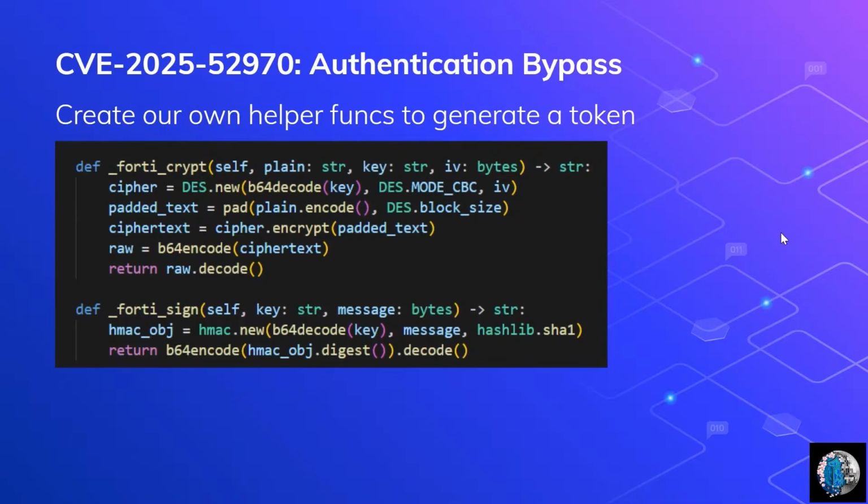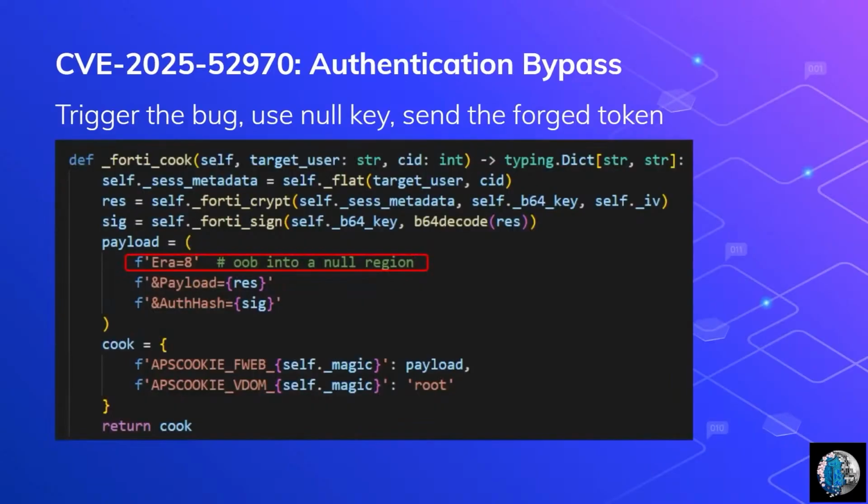A third function wraps around both, which is called Forty cook. What Forty cook does is that it calls for decrypt and Forty sign, and combines everything together into the format that we saw in the beginning, the format of the cookie. And of course, also triggering the out of bound into the null region that we saw earlier.